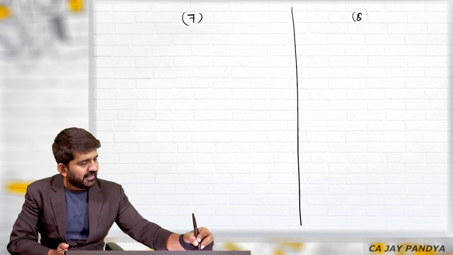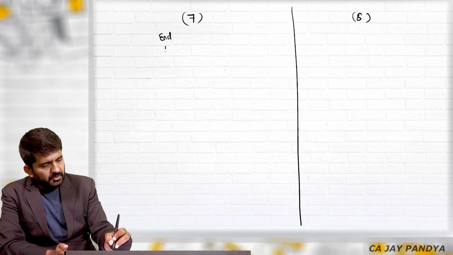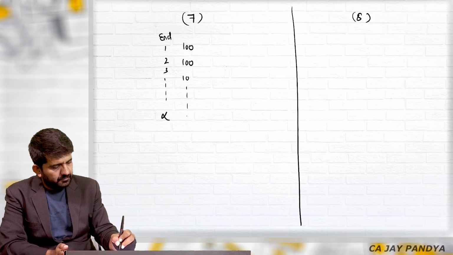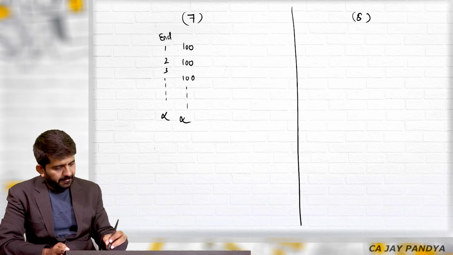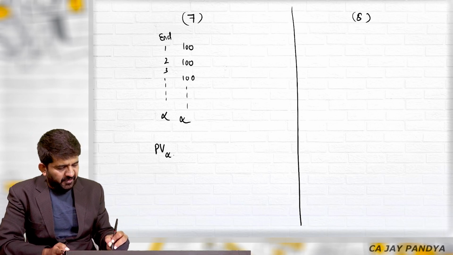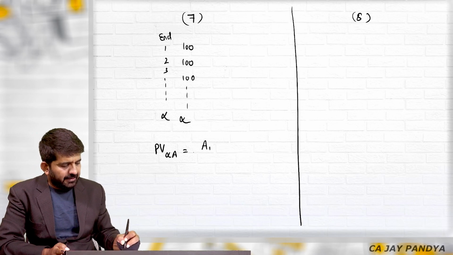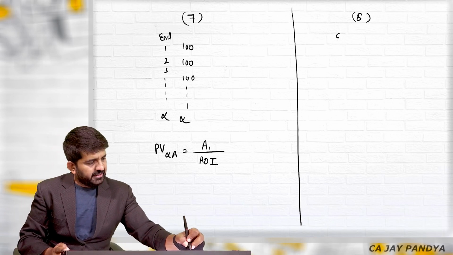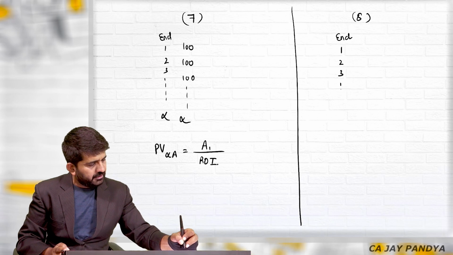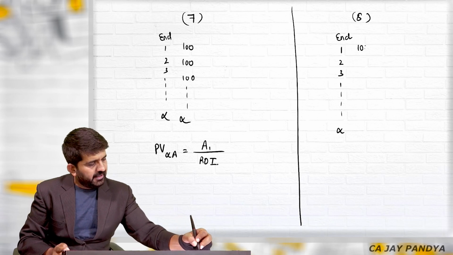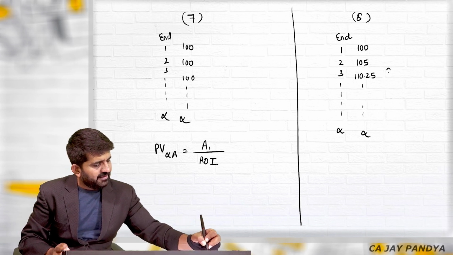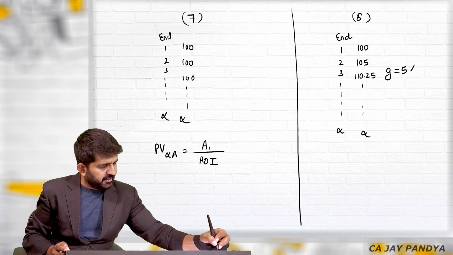So 7th and 8th, let me summarize. Category number 7th, category number 8. What is the answer? Present value of infinite cash flow with annuity. It is amount of first year divided by rate of interest. And here at the end of first, second, third, again up till infinite, but it is 100, 105, 110.25, and it is having a growth rate, which in current case is 5%.